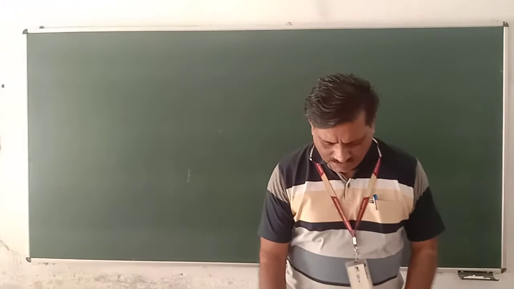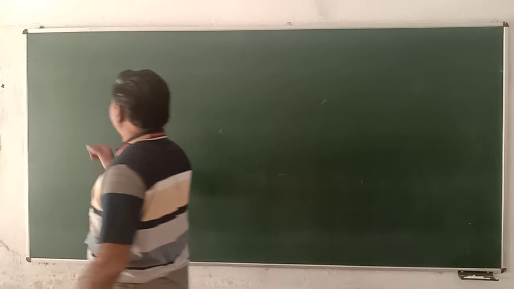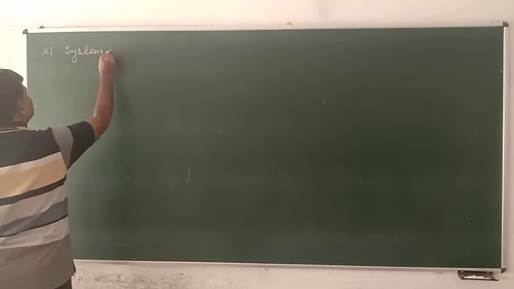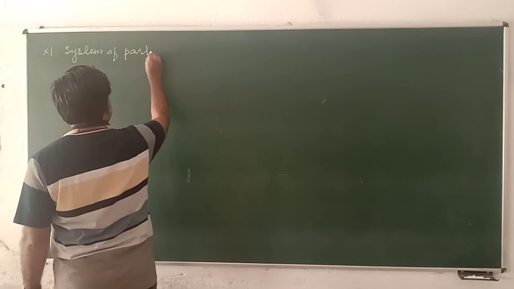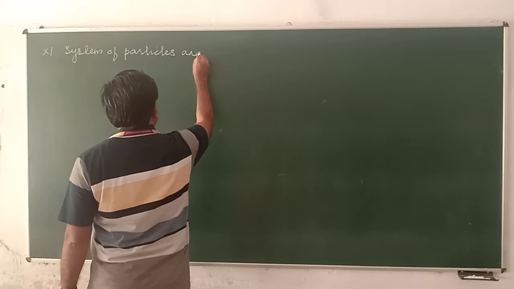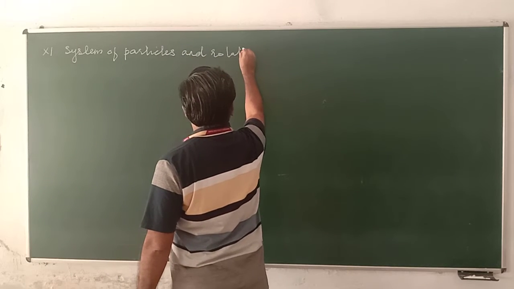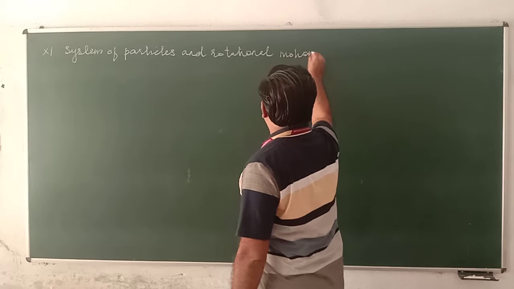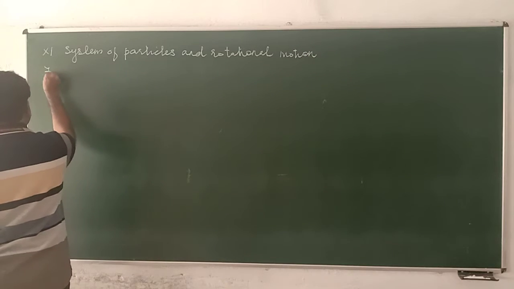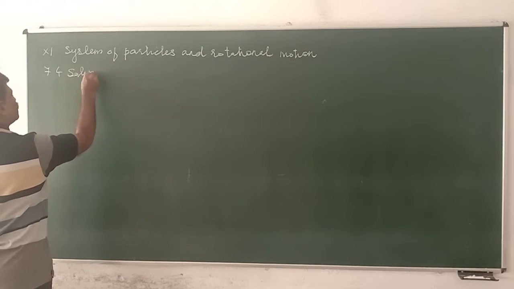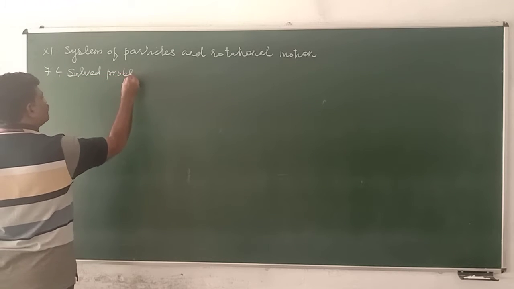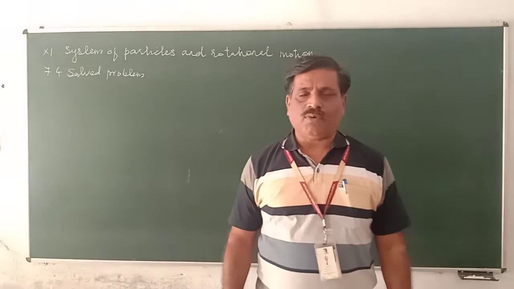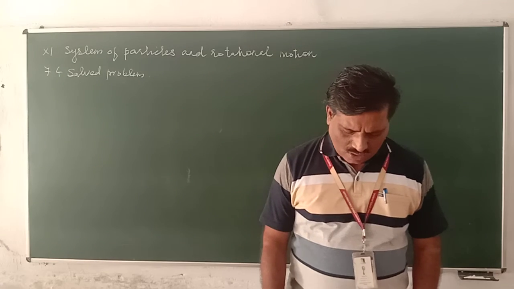It's a solved example, 7.4: find the scalar product and vector product of two vectors.